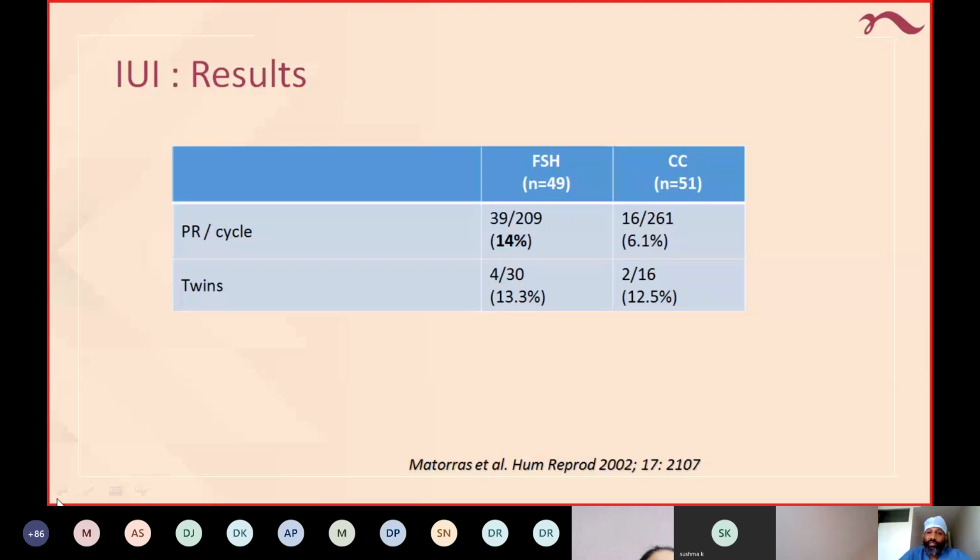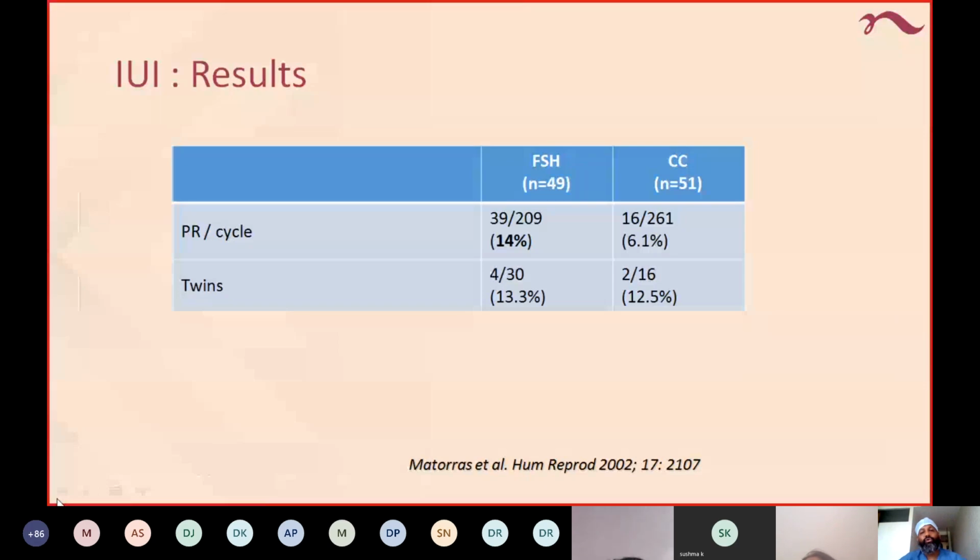Important part is what is the result of an IUI, how successful it is. Success can vary somewhere from 5 to 6% up to 15%. This is a range. Multiple pregnancy chances are also around 10 to 15%. Always remember to tell your patients before you start that this is not a very highly promising technique.